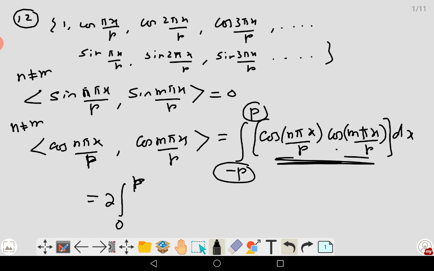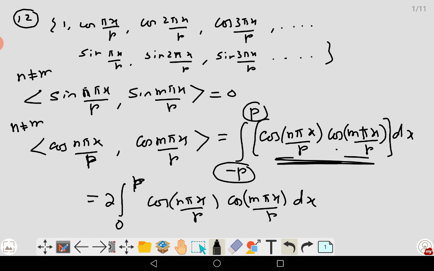Okay, and now I repeat this: integral from 0 to p of cosine n pi x over p, cosine m pi x over p dx. Now we should recall another formula to write cosine a cosine b.